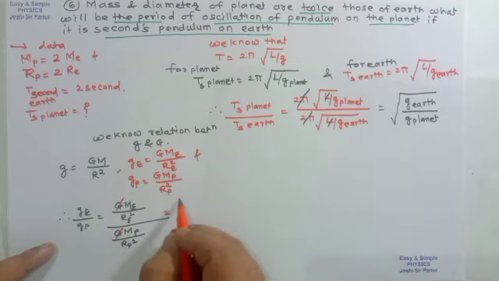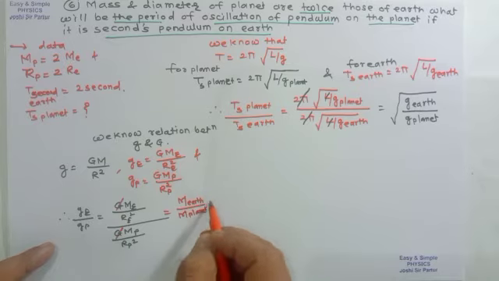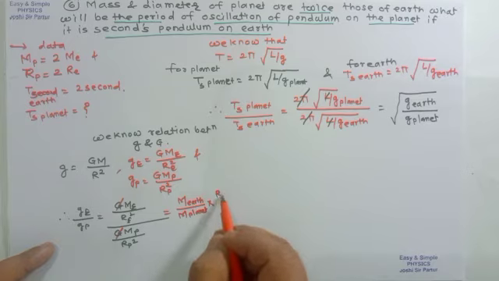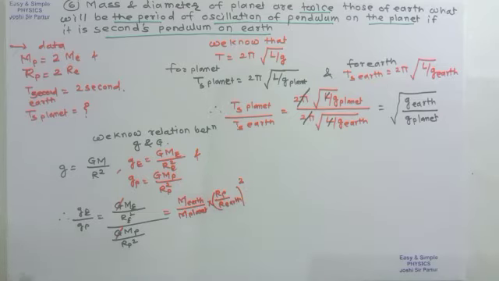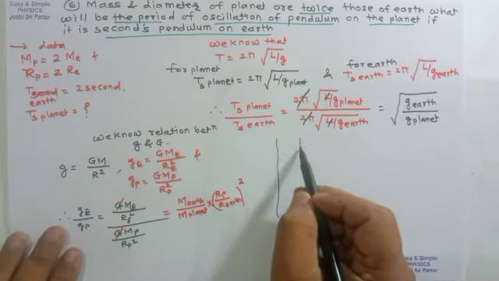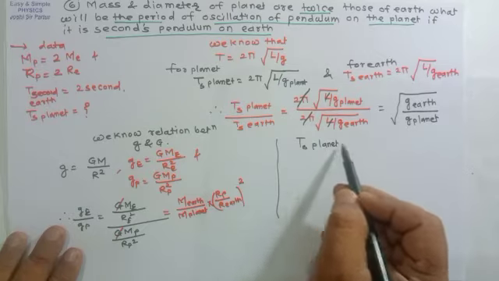We can write as M Earth upon M planet multiplied by R planet upon R Earth, bracket square.